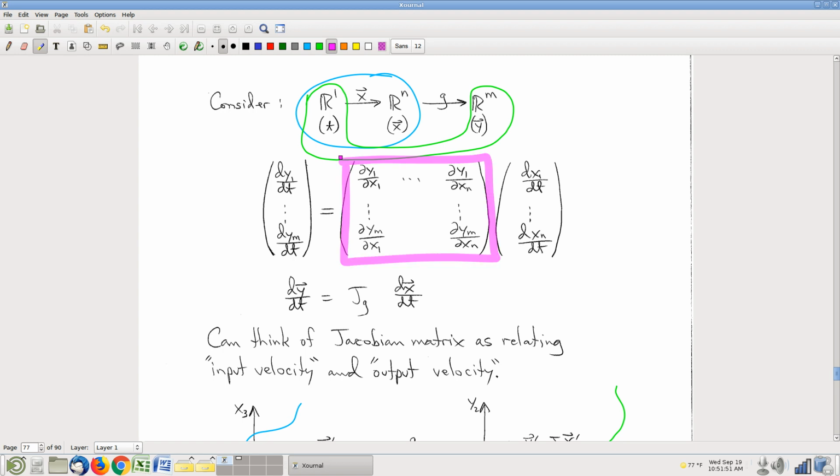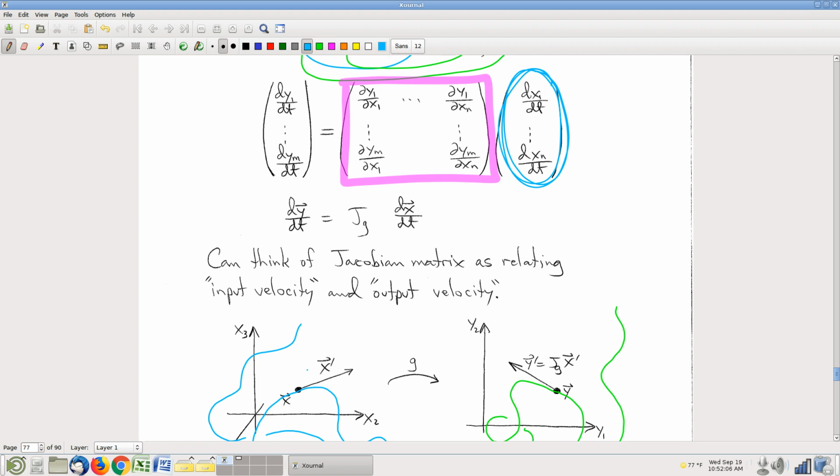This matrix takes a velocity vector. So there in blue, remember that's the velocity vector for this parametric curve. It takes that input velocity vector and returns to you this output velocity vector.